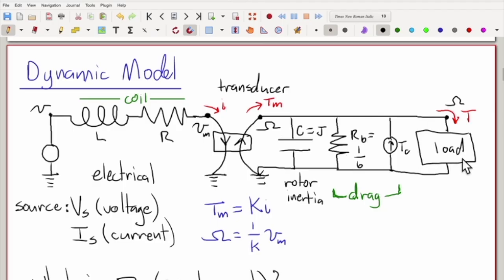For example, if your load was an inertial load, it would look like another capacitor here in place of this load. Or if it was a drag load, it would look like a resistor, for example. And then you'd use your circuit analysis techniques to calculate what the transfer function would look like from your ideal source here coming out of your controller. You'd have an output, maybe your angular velocity, which would be a reasonable output you might want.